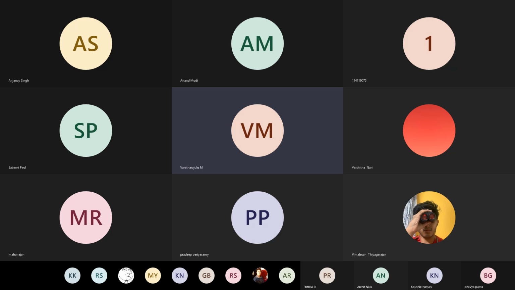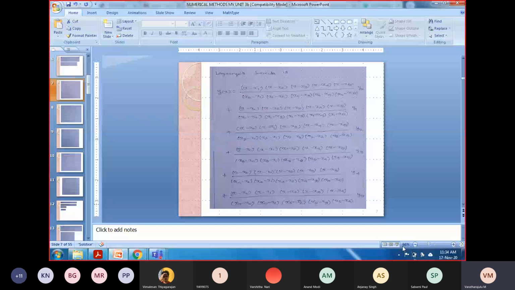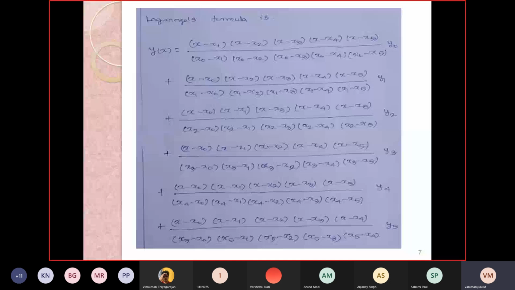Okay, this is what we have seen in the last class, that is Lagrange's formula. Interpolation, in connection with your syllabus, we need to start with Newton's forward interpolation and Newton's backward interpolation. That is usually applied for finding the unknown when our difference in x is uniform.